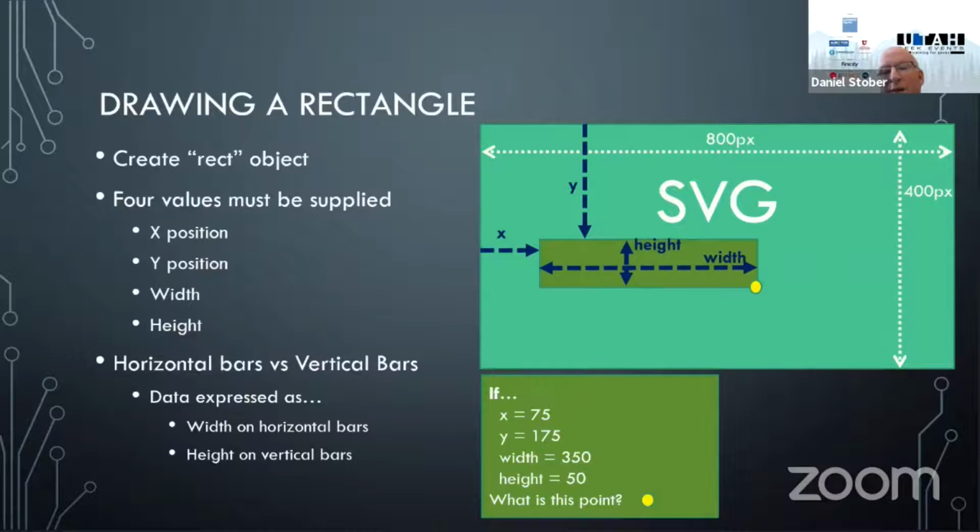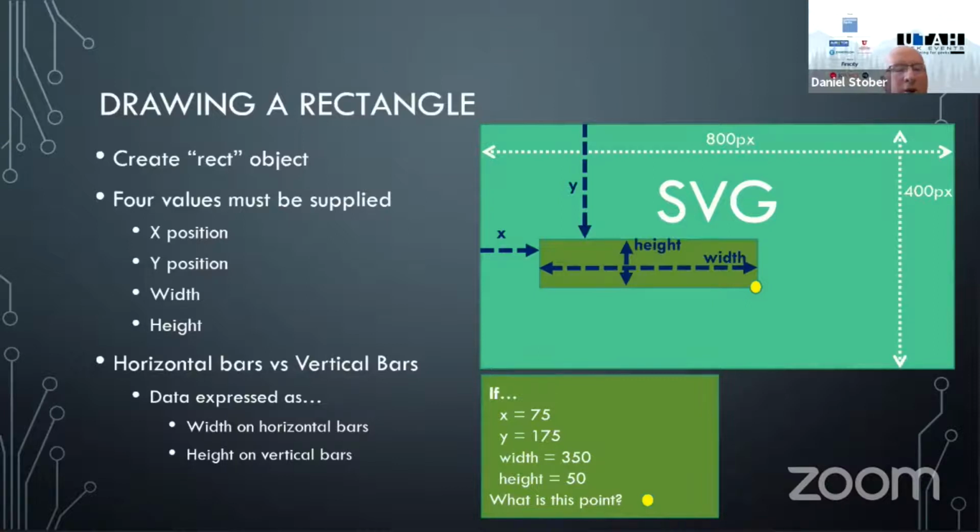From that we could derive what the points are for each of the 4 corners. But again, the way that we do it is by saying what is the X, what is the Y, what is the height, and what is the width. And that's how we go about defining a rectangle within D3.